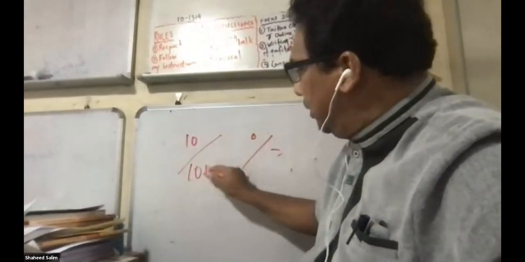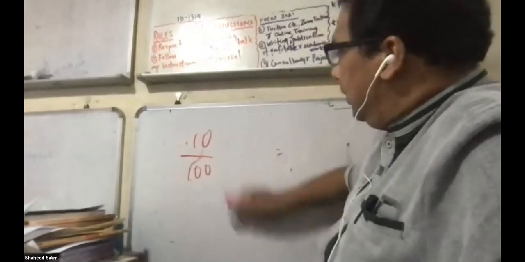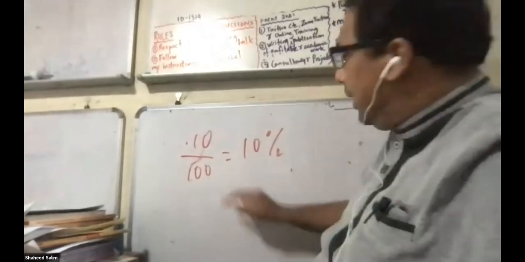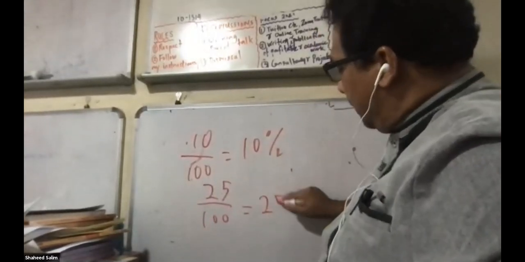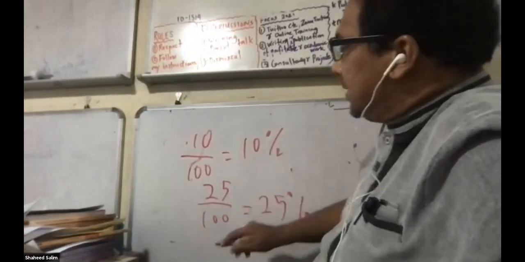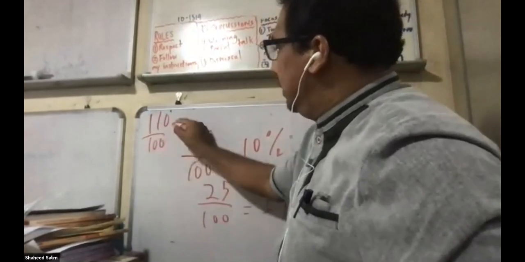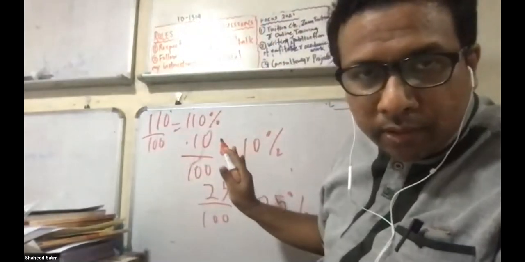So if they put 10 over 100, this means 10%. 25 over 100 is 25%. 110 over 100 is 110%. All okay, yeah?